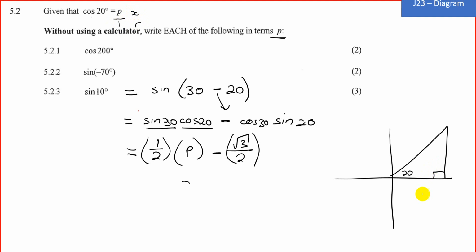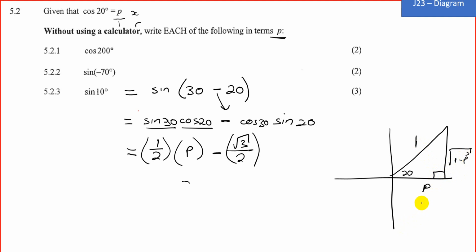So my x value is P, and my radius is 1. Now using Pythagoras, I can find the y value to be the square root of 1 squared minus P squared, and we are in the first quadrant.